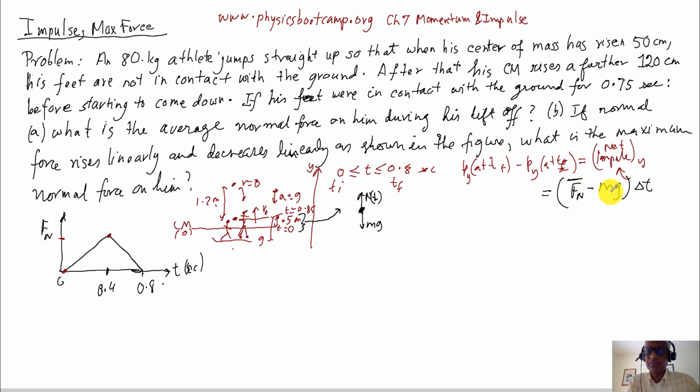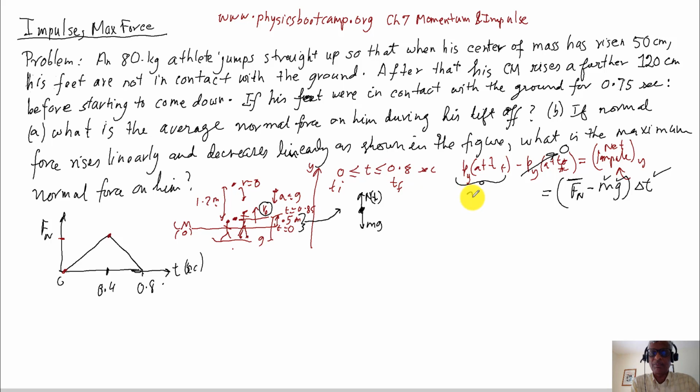So from this we can see that this is given, this is given, this is given. At the beginning it's at rest, so that's 0. We need to figure out the velocity at this point, because of the momentum. That means I need to figure out v0.